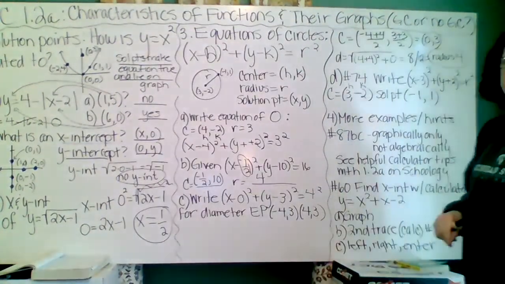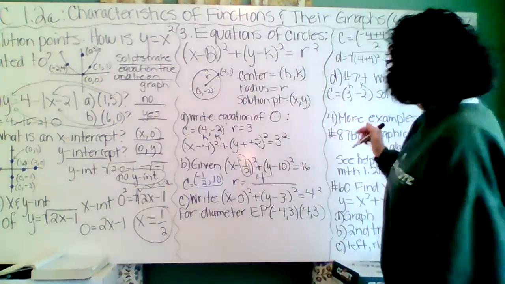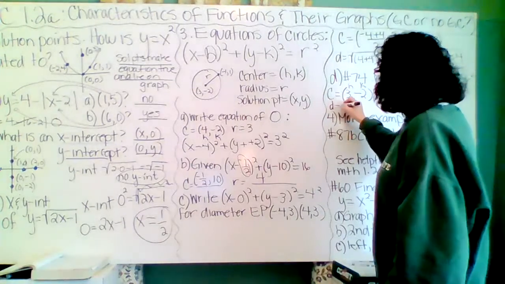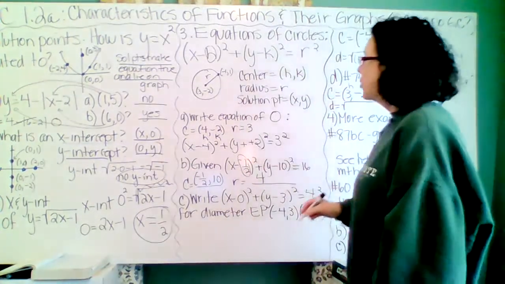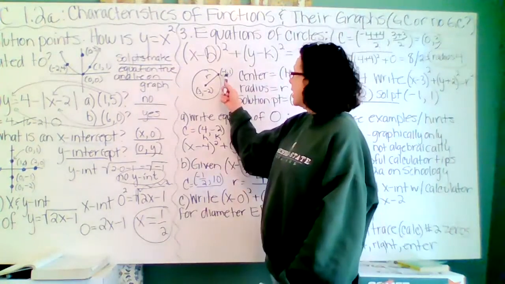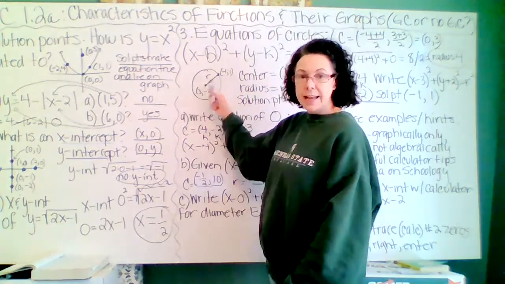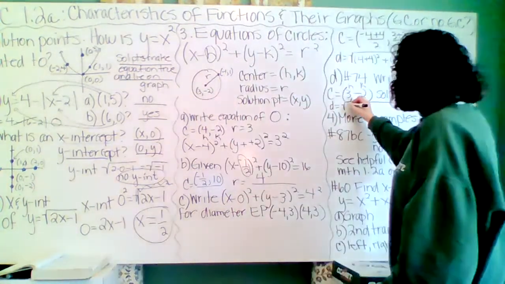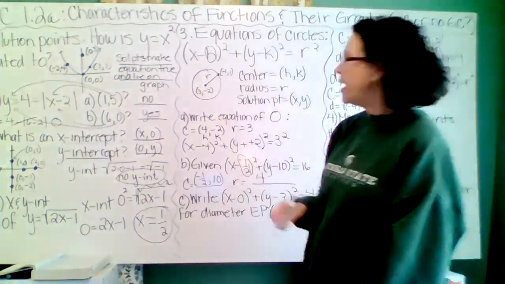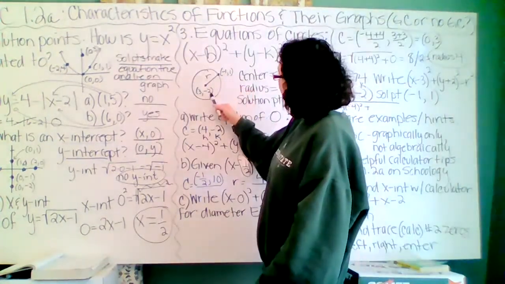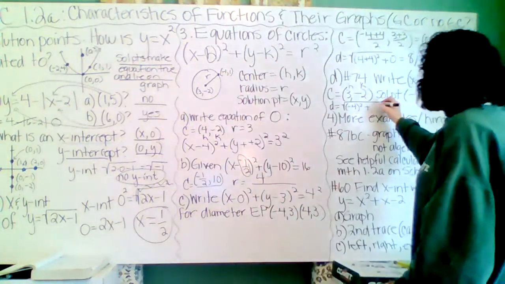So let's do the distance formula to get that radius, and we'll put it in and square it. So right here, I've got a little bit of room. I will subtract the 2 x's. Negative 1 minus 3 is negative 4 squared, plus, I'll subtract the y's. 1 minus a negative 2 is 1 plus 2 is 3 squared.